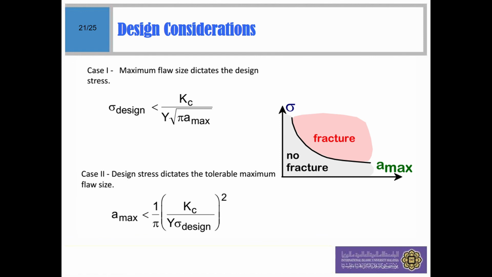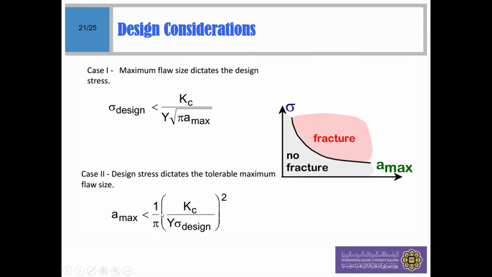Okay, case 2. For case 2, the design stress dictates the tolerable maximum flaw size. That means if you rearrange this equation, you bring that down, up, and so on, and then you need to make sure that a max, the maximum crack length, must be below this value.